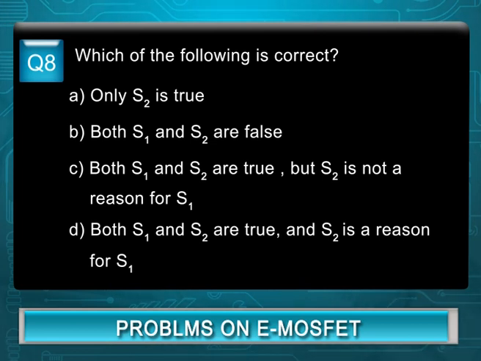A. Only statement 2 is true. B. Both statements are false. C. Both statements are true, but statement 2 is not the reason for statement 1. D. Both are true, and statement 2 is the reason for statement 1.